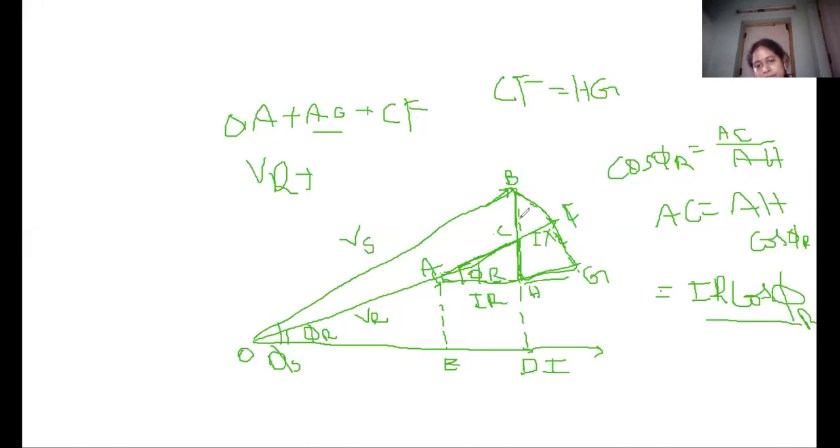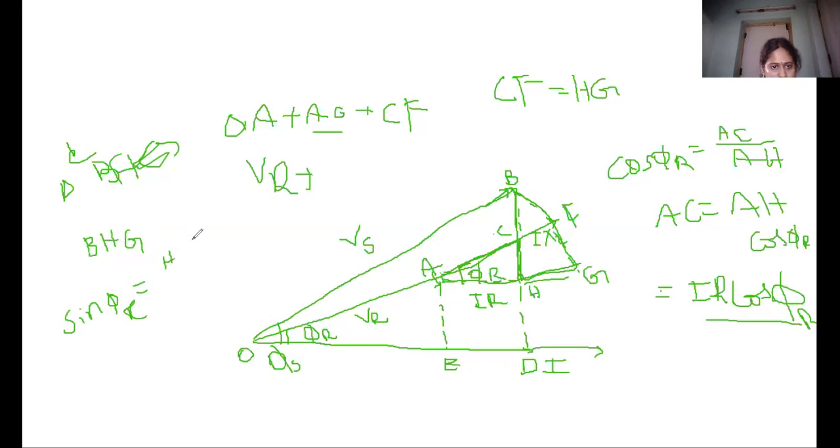For finding the HG value, sin phi r equal to HG by BH.